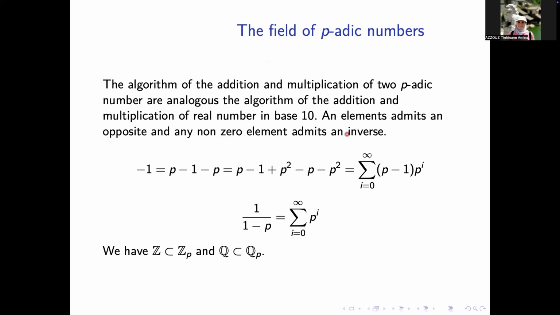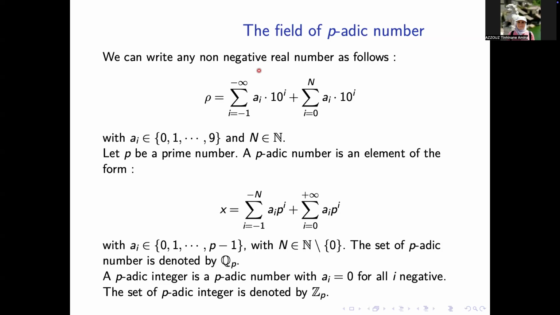And any element using this definition will admit an opposite, and if it is non-zero, it also admits an inverse. Here there is no negative number.